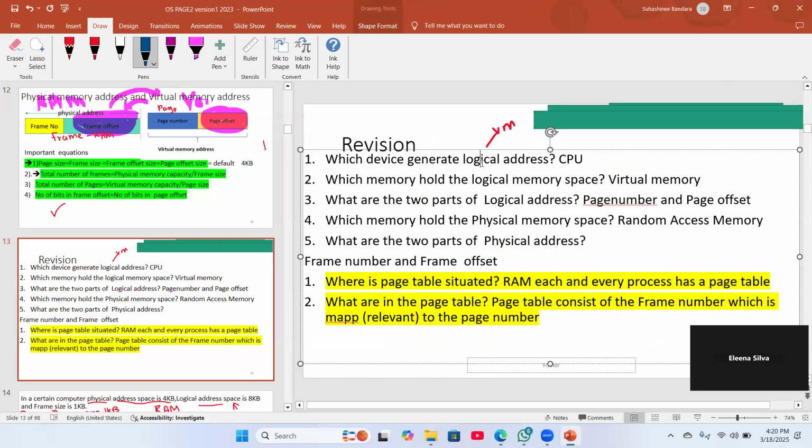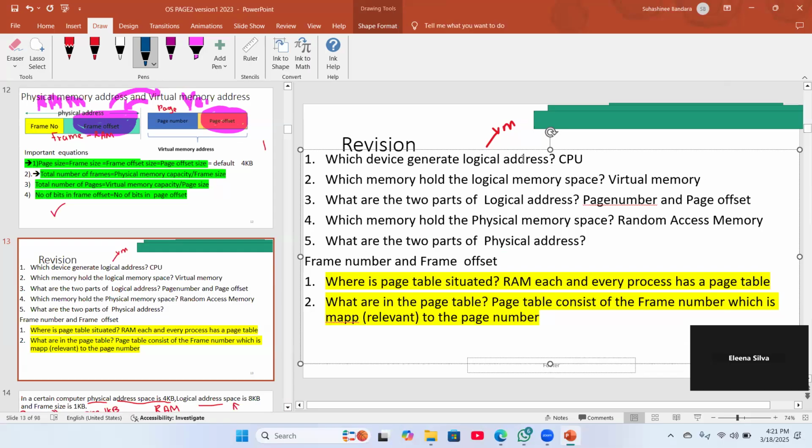Which device generates the logical address? We can say the central processing unit is the one which generates the logical addresses, that means virtual memory addresses, with the help of the operating system. Which memory holds the logical address space? The logical address space belongs to virtual memory.